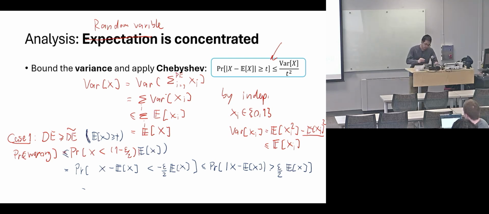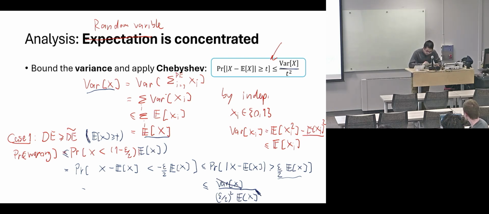What I'm going to get is just the variance of x over this thing squared, the expectation squared. But the variance is at most the expectation, so I can cancel this thing with this.